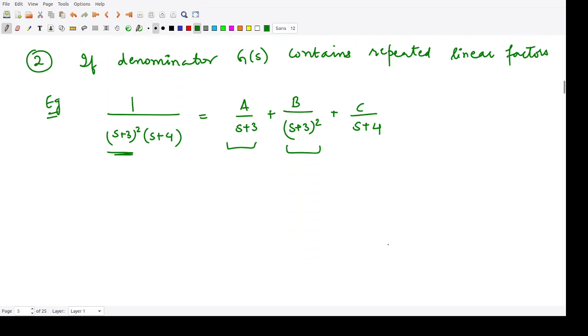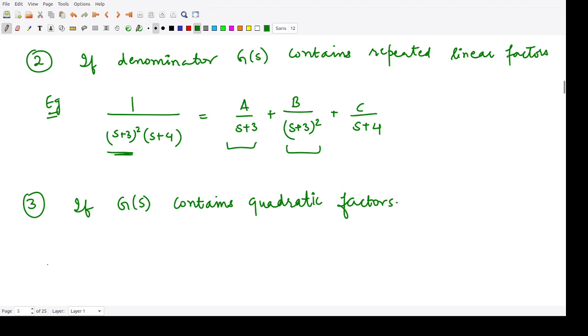The next category is, if the denominator g of s contains quadratic factors. For example, it is of this kind: s square plus s plus 1 and then we have s plus 3.